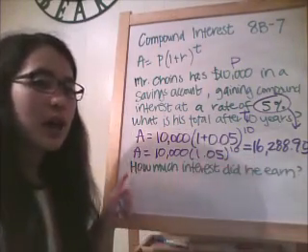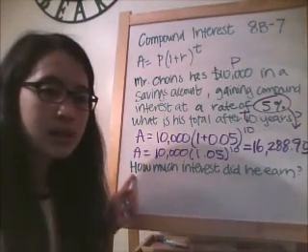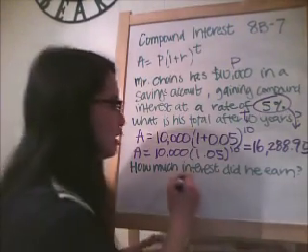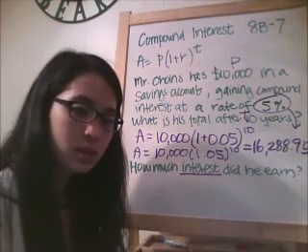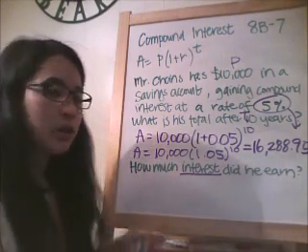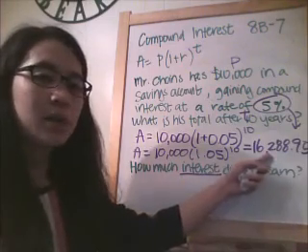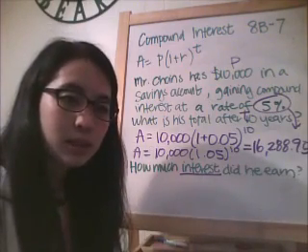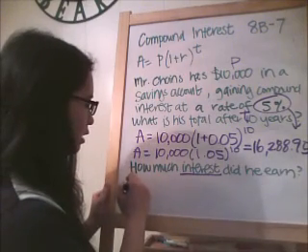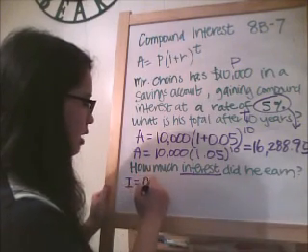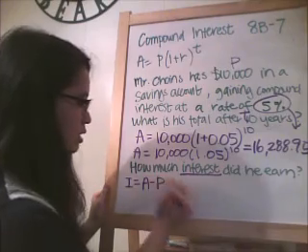Now, that is the total amount, so it's asking how much interest did he earn. Interest is the additional amount that you earn. So, if this is the total amount, how much did he increase by from the beginning? To find this, we have to do the interest is equal to the amount minus the principal.